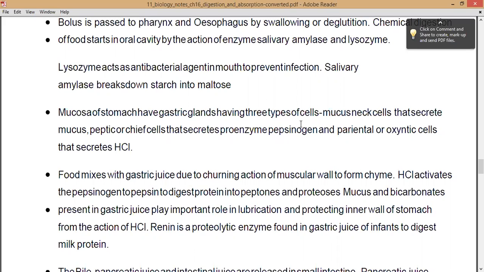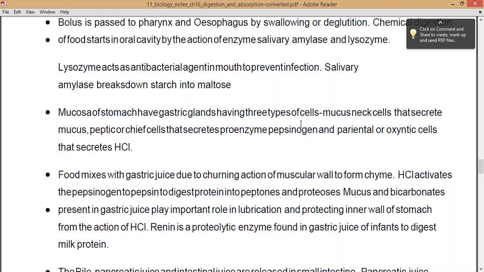Now here, I said that the three different types of cells are interconnected with each other. So HCl activates. When the HCl is released by the oxyntic cells, then and only then the pepsinogen enzyme is converted from its inactive form to its active form, that is pepsin.